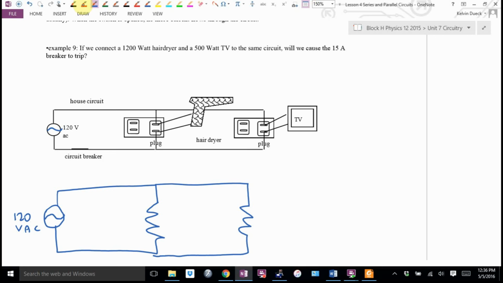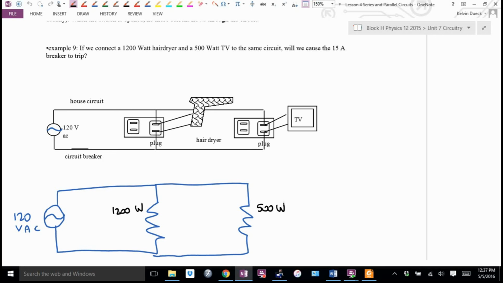They've told me in this circuit here, I have 1200 watts. In this circuit here, I have 500 watts. Let's find total current. And if total current is bigger than 15 amps, you can't run this.